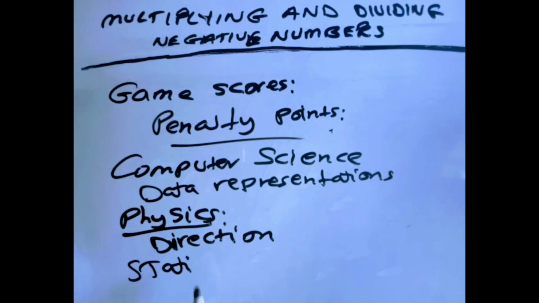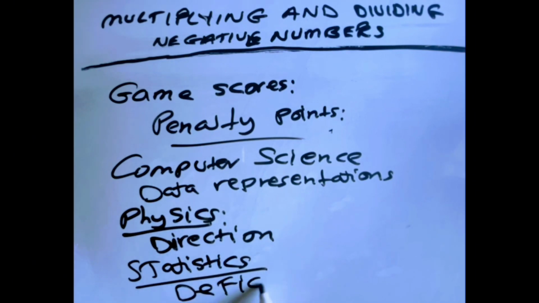This is not an exhaustive list, but it's the ones I chose to show you as examples and how important negative numbers are in real life. So in statistics, when we are speaking about deficits, in data analysis, negative values can indicate a deficit or a decrease in a data set, such as a decline in a population or sales.